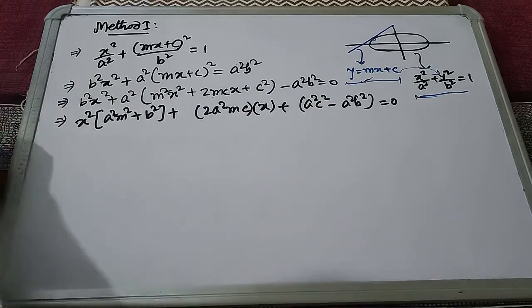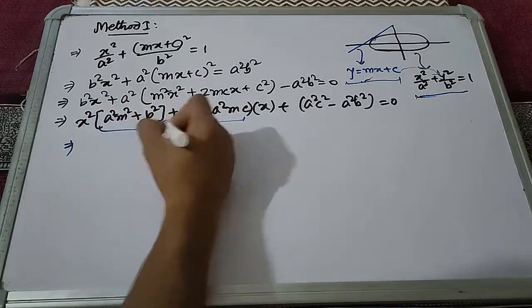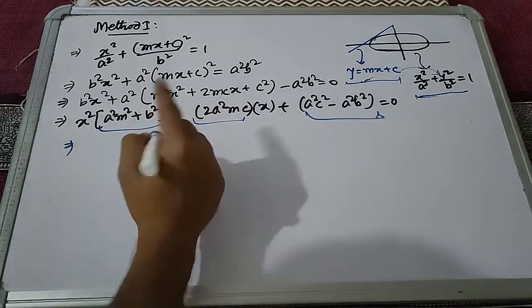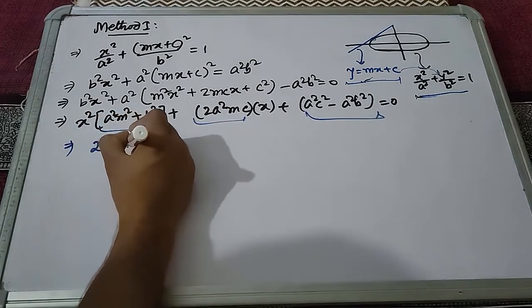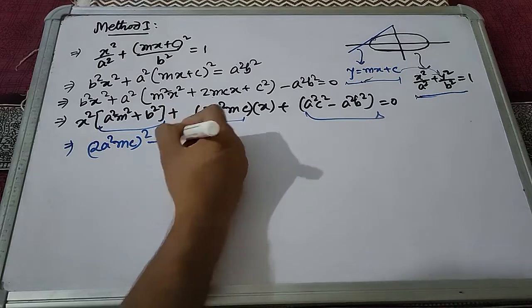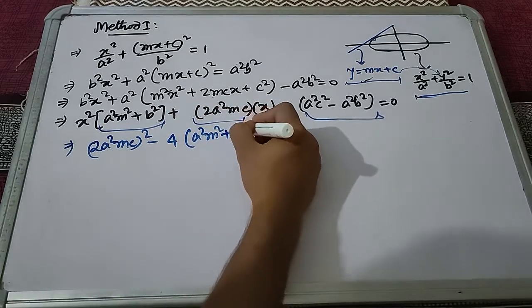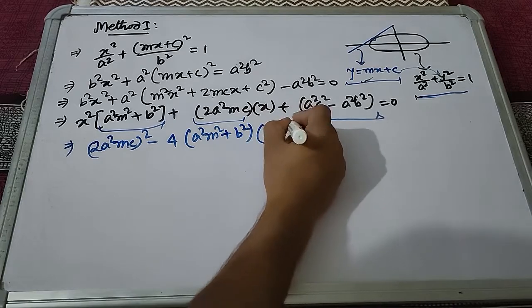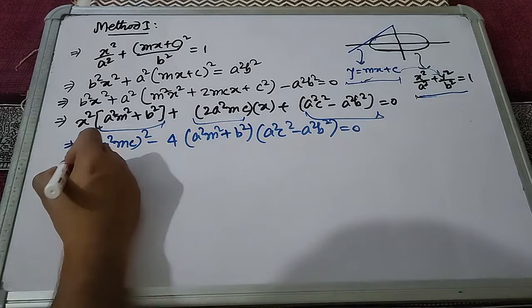Correct. So what is the discriminant of this equation? This is b, this is a and this is c. B square minus 4ac equals to 0. Therefore, 2a square mc whole square minus 4 into a square m square plus b square into a square c square minus a square b square equals to 0.